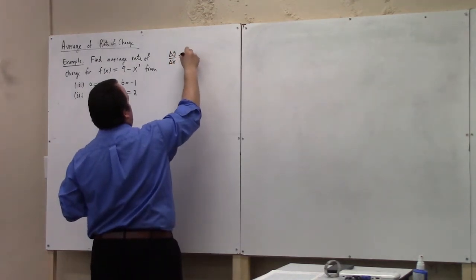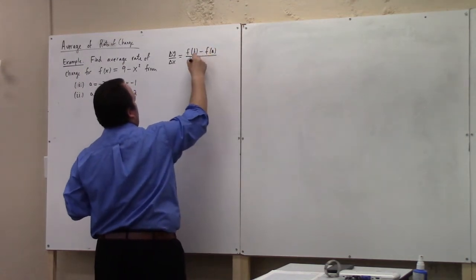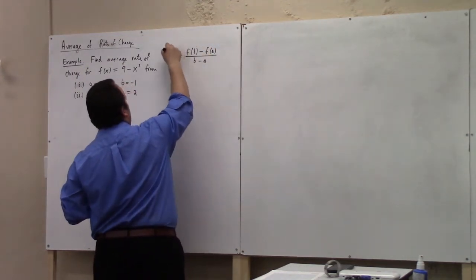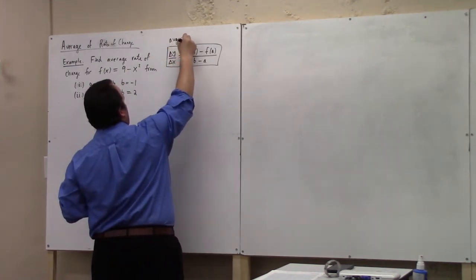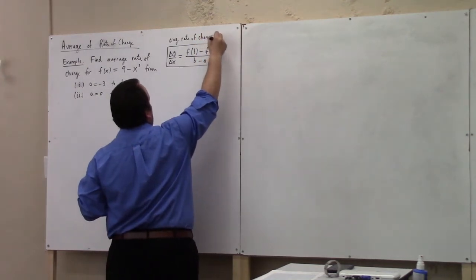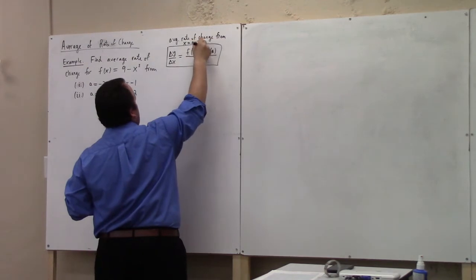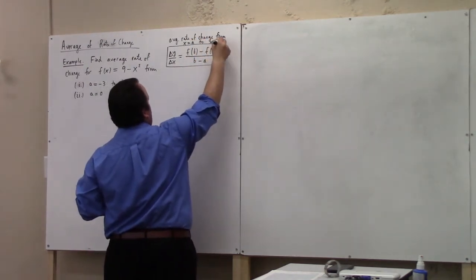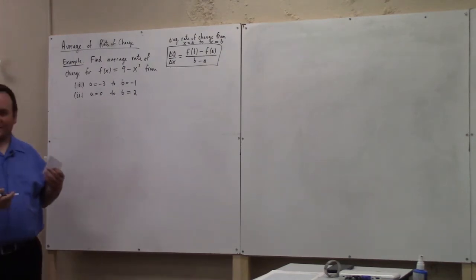And so that's going to be f of b minus f of a over b minus a. This right here is the average rate of change from x equals a to x equals b, all right? And we're going to assume that a is less than b here.